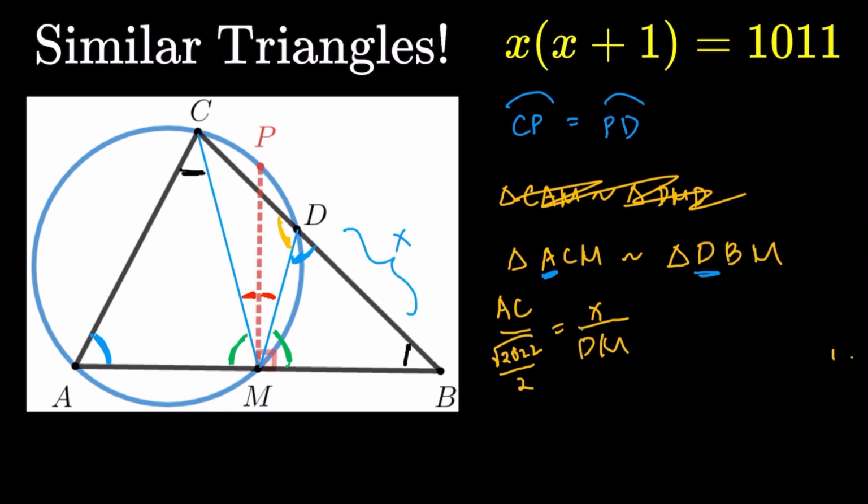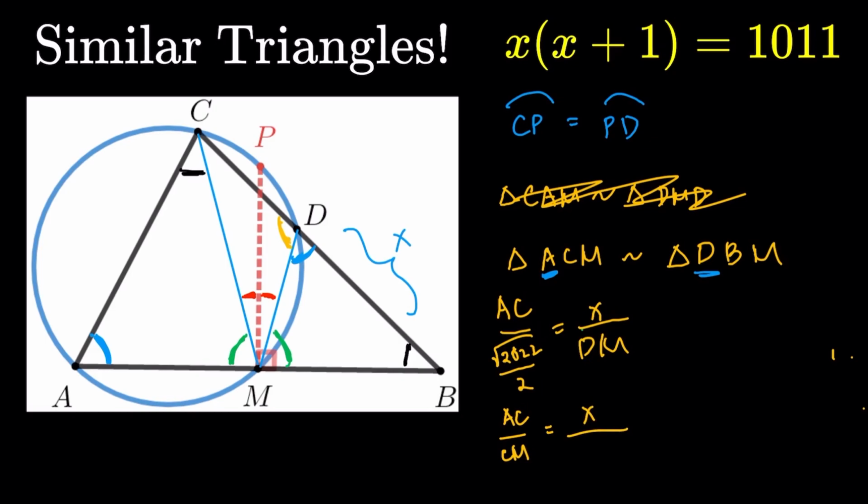All right, and let's try to form another ratio. So let's just say we have AC is to CM. Now I have no idea what these two things are, so I'll just write it like this. That's going to be equal to, on the corresponding triangle, DB, which I know is x, divided by BM.